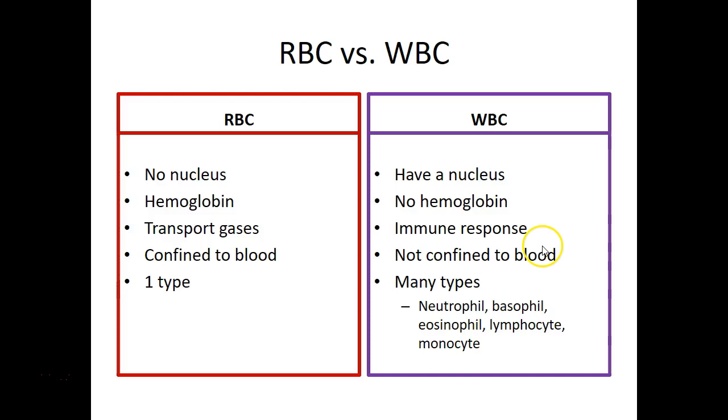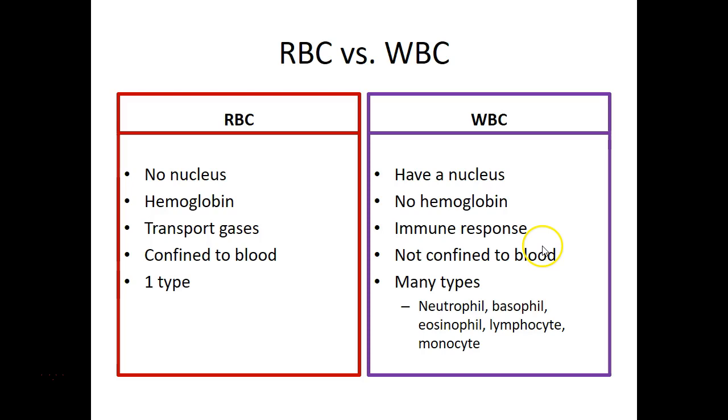So just as a summary of the difference between red blood cells and white blood cells: red blood cells eject their nucleus. White blood cells, leukocytes, have a nucleus. Red blood cells have hemoglobin. White blood cells do not. Red blood cells transport gases such as oxygen and carbon dioxide.